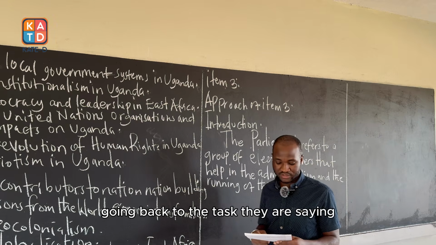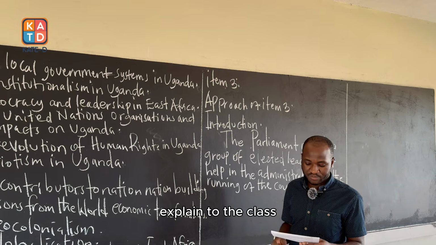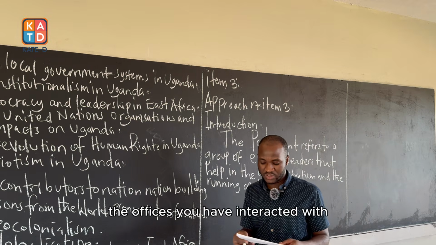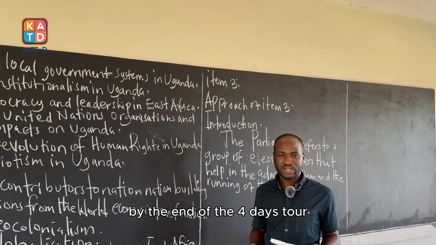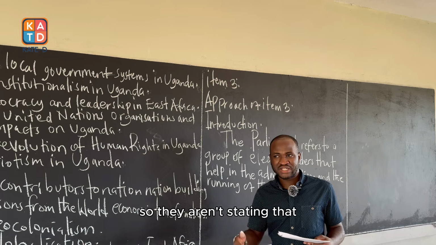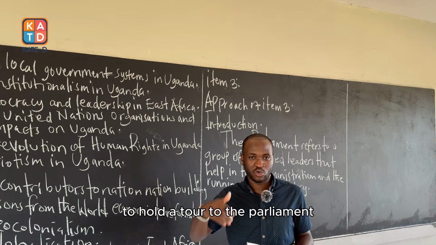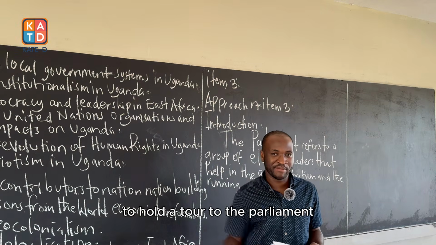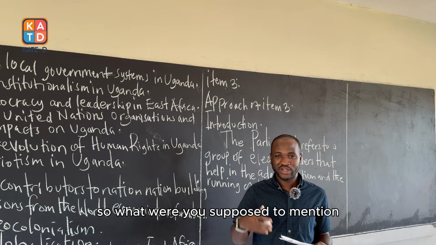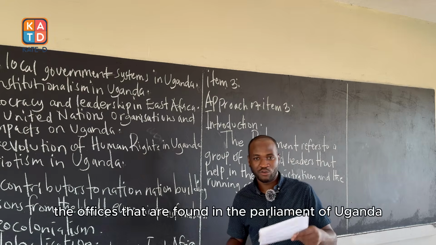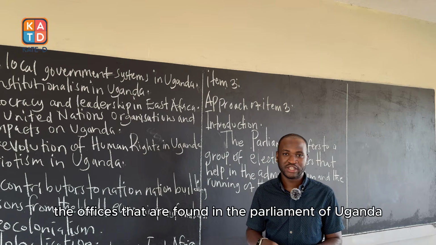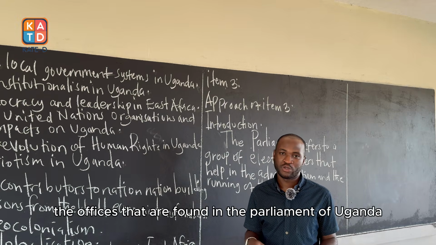Going back to the task, they are saying, explain to the class the offices you will have interacted with by the end of the 4 days tour. So they are anticipating that your class is supposed to hold a tour to the parliament. So what were you supposed to mention? You are supposed to look at the offices that are found in the Parliament of Uganda.